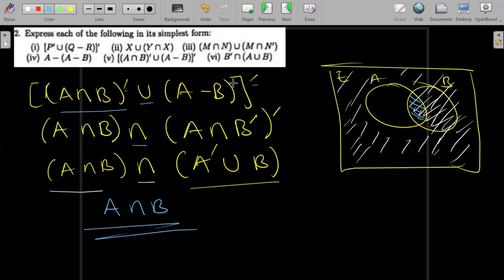Then when we distribute it to here, we'll see that this is the one we're having here outside. Then what is inside here? I've rewritten A minus B, which is the same as A intersect B complement, which is what we have inside here. And this complement, which is outside, is the one which we multiplied here. I guess it's clear now.